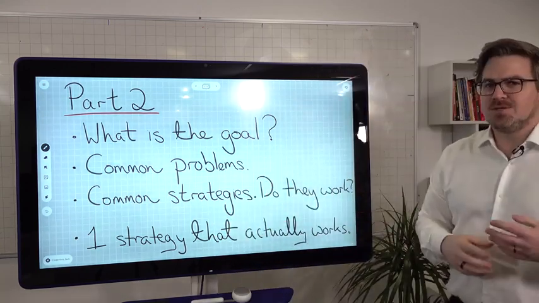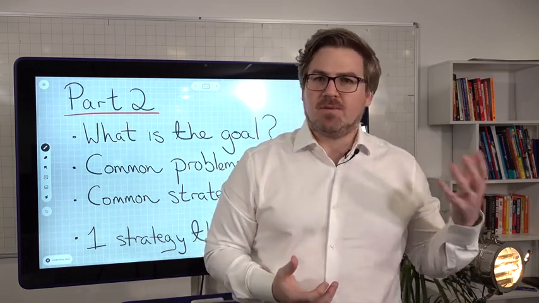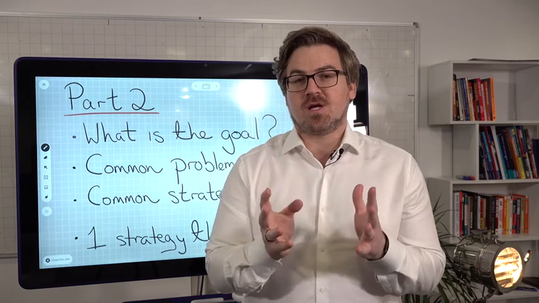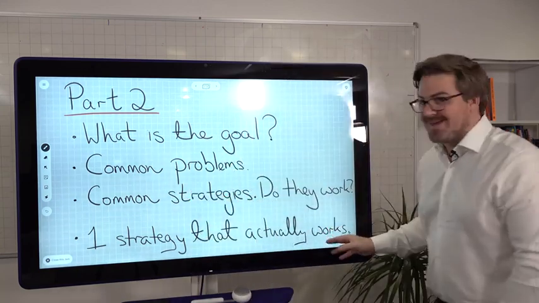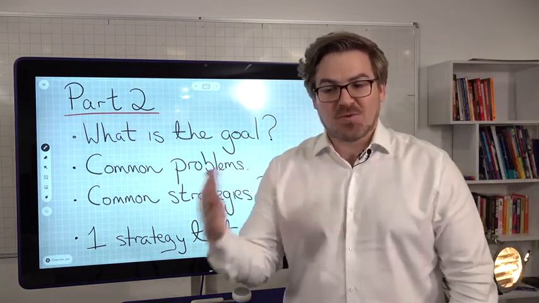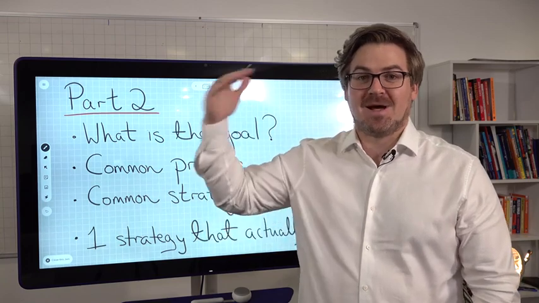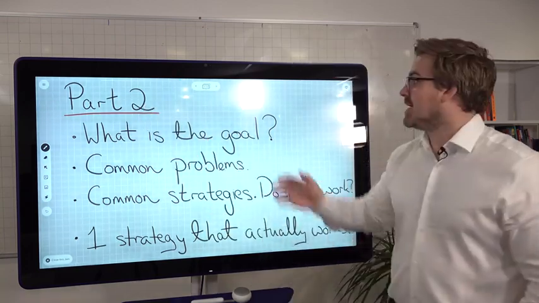Common strategies, you'll find a lot of strategies online, on YouTube, maybe your teacher has taught you a few strategies, and if you're watching this video, those strategies probably don't work for you. And I have a much better strategy that actually does work and has repeatedly, week after week, for years and years, got scores of a band 7, 8 and 9 for my students. And I'm going to share this with you today.